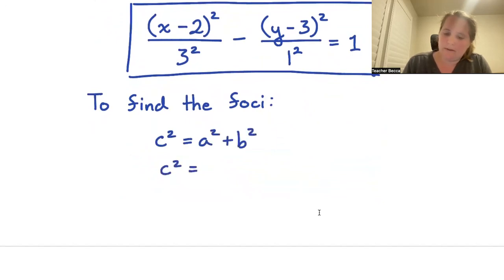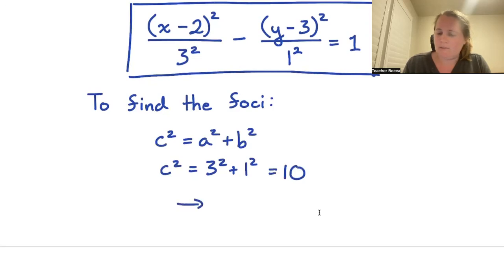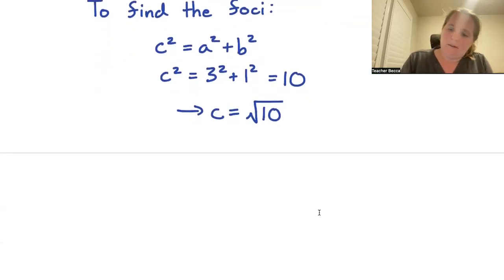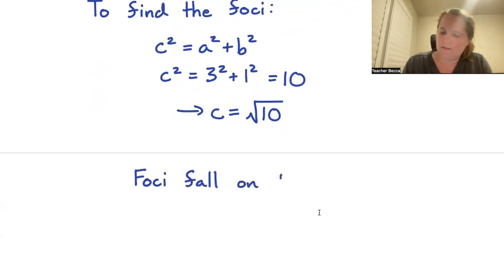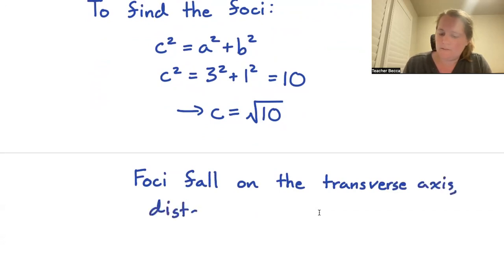So c squared is equal to 3 squared plus 1 squared, otherwise known as 10. That means that c is the square root of 10. Our foci fall on the transverse axis, distance c from the center.